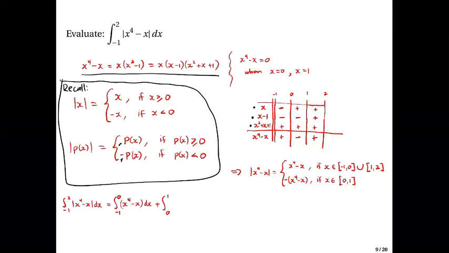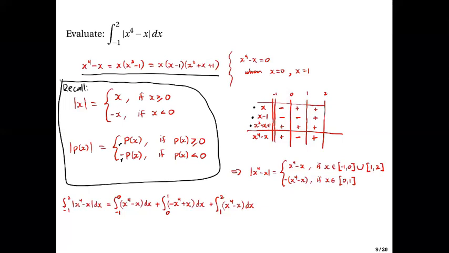So you will have negative x to the 4 plus x. And then finally, for the interval 1 up to 2, you have positive x to the 4 minus x. So we'll just copy x to the 4 minus x, and then you have the dx here.